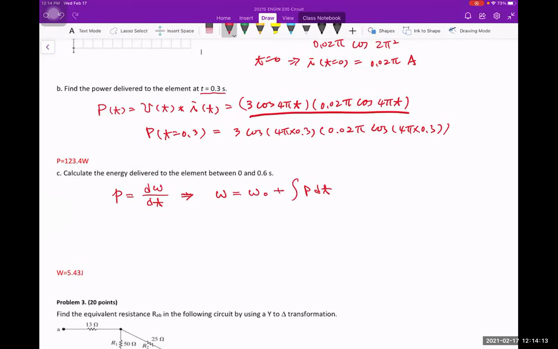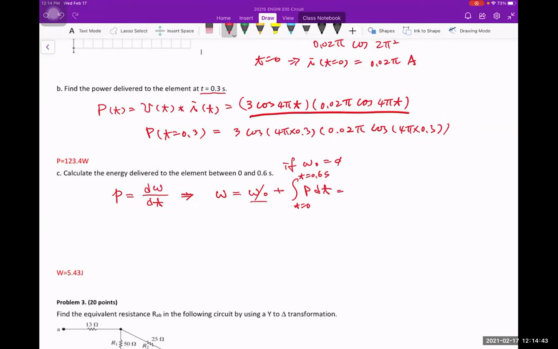Now, we also should give you the initial energy. Let's say w0 is equal to 0, then you can cancel this one out. Then all you need to do is the integration from t equal to 0 to t equal to 0.6 seconds.